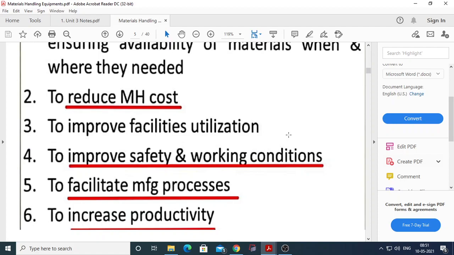Then there are three classifications we have seen. Types: fastening, conveyor, surface, surface overhead. These are different types of equipment we use. They are assembled from standard units, because standardization improves the performance and reduces the cost.